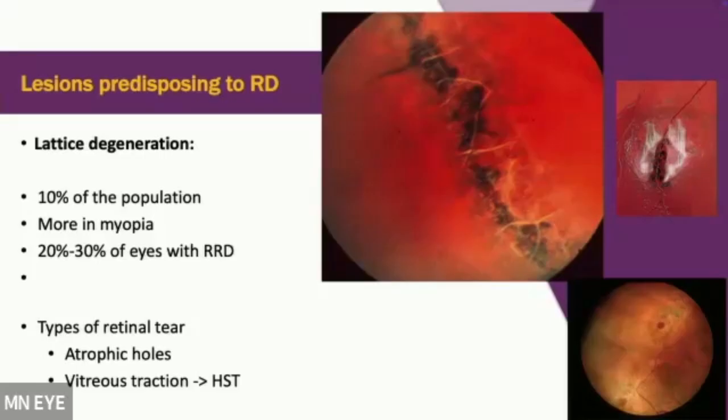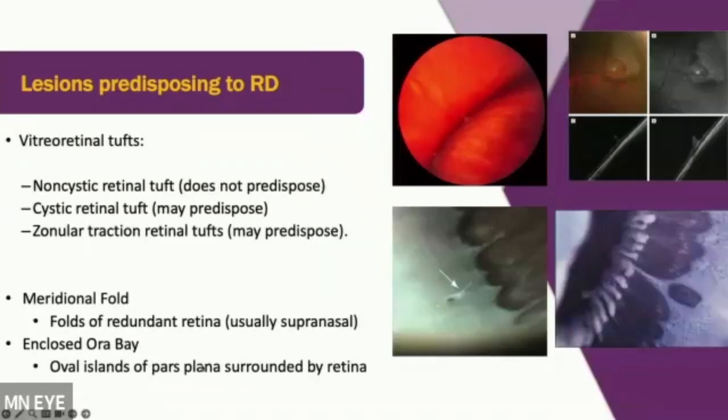It's seen in 10% of the population, and myopes have more lattice degeneration. But out of those who have RD, 20 to 30% of rhegmatogenous RDs have some sort of lattice and tear associated with that. They can have atrophic holes, or they can have vitreous traction, PVD, and a horseshoe tear next to the lattice.